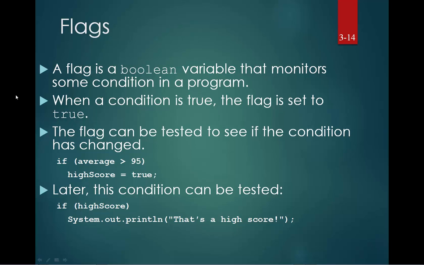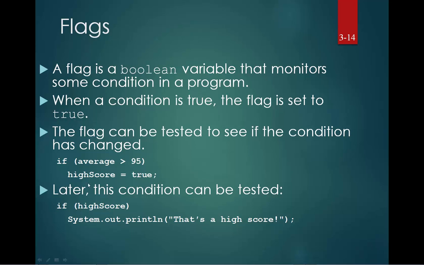So looking at the third bullet here, the flag can be used later on once it's been created. For instance, let's say we test if average is greater than 95, then we consider that to be a high score. So we set highScore to true. This is a Boolean variable because it can be set to true. And then sometime later on in the program, we've already stored that this condition is true, and we can use it whenever we want.